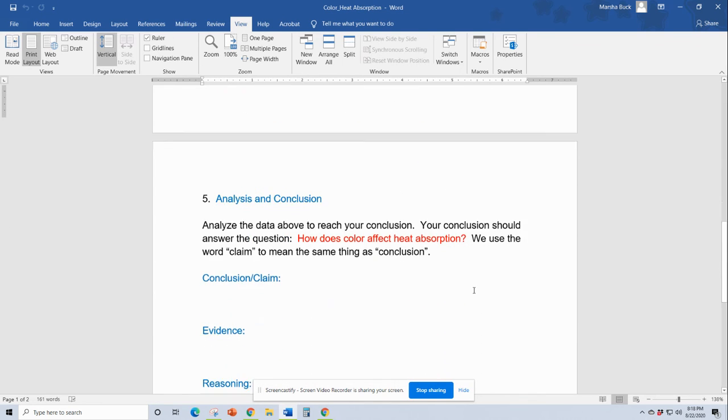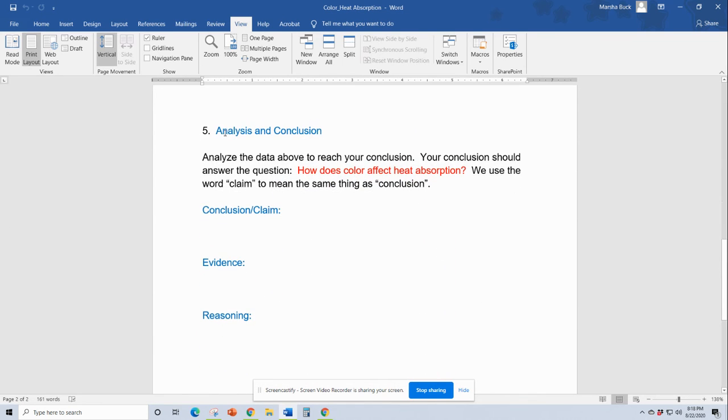And then for number 5, we need an analysis and a conclusion. So after we've collected our data and we've graphed it so we can find the story from it, we should be ready to go back and answer this question. And our question was, how does color affect heat absorption? So in your notebook for number 5, I want you to write analysis and conclusion.